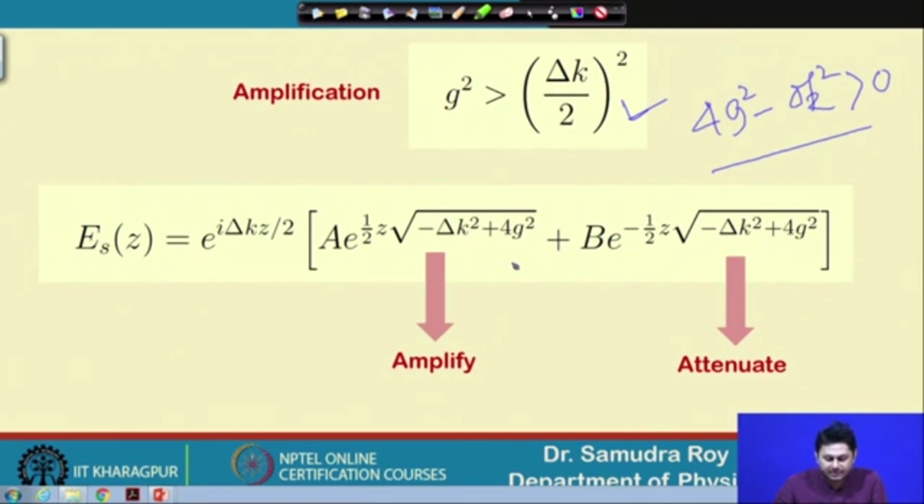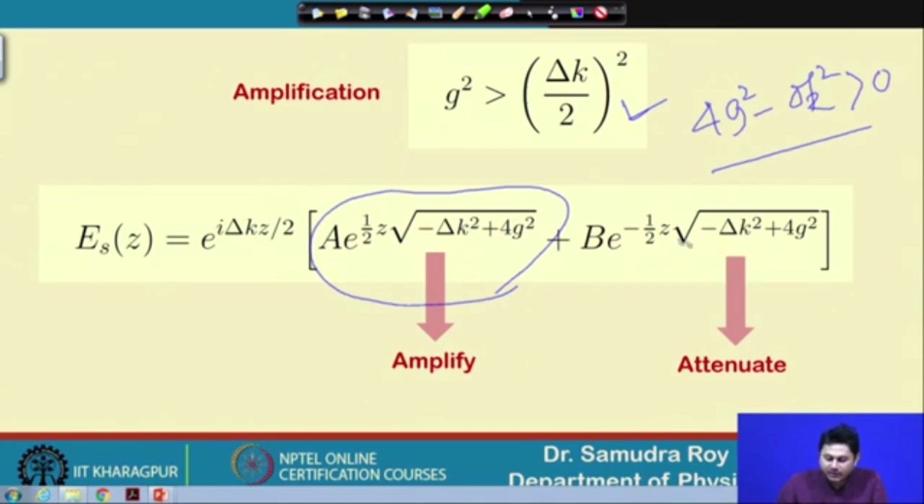In that case, if 4 g square is greater than delta k square, root over of a positive quantity is a positive term. So, this positive term makes this quantity amplifying. This is an amplifying term of E s.